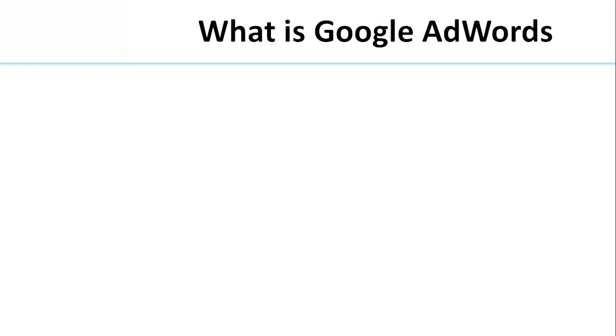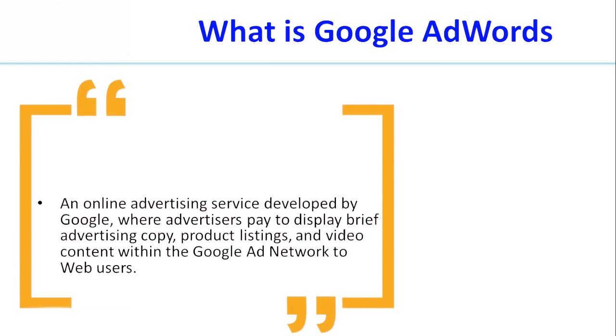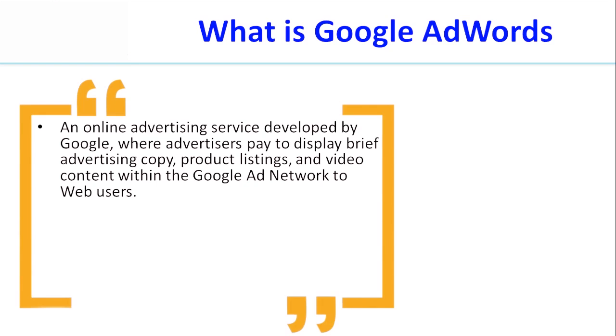Now let's understand what Google AdWords is. Google AdWords is an online advertising service developed by Google, where advertisers pay to display brief advertising. It could be any copy, any product listing, and even video content within the Google ad network to web users.